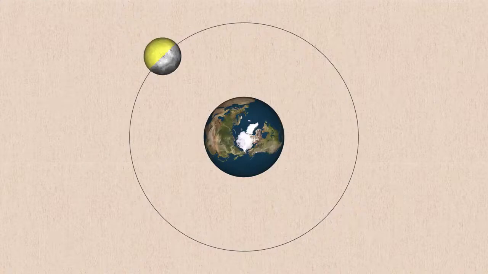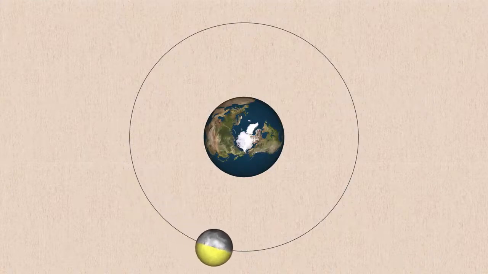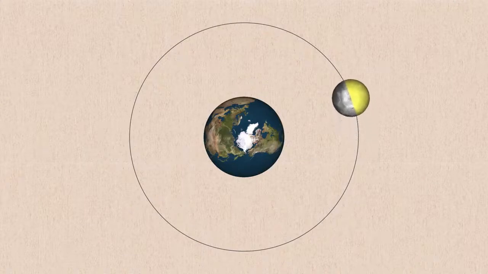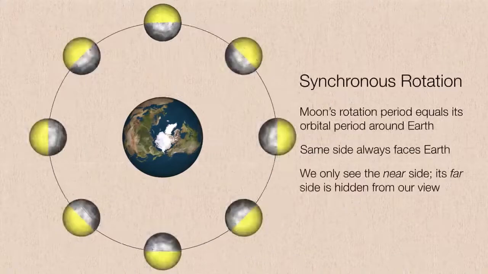The rotation period is exactly equal to its orbital period. So you see that as the moon is revolving around the Earth, the moon is also executing a single rotation on its axis. And this keeps the near side of the moon facing the Earth throughout the entire lunar orbit, and we call this type of rotation synchronous rotation.